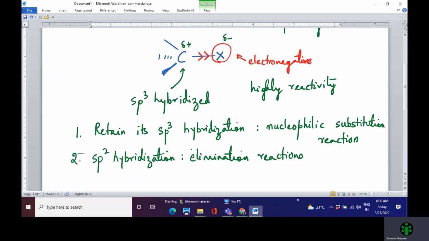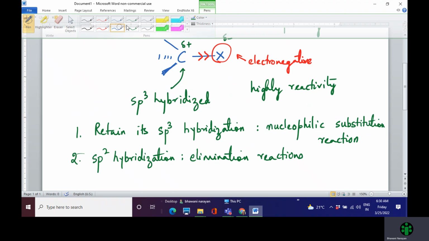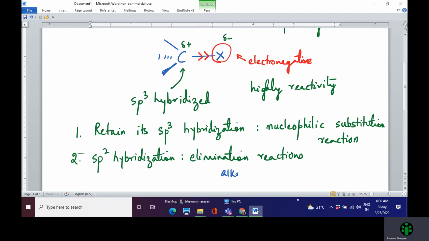And the product of elimination reactions, as you know, usually are alkenes or alkynes. So this makes it clear why alkyl halides undergo only nucleophilic substitution reactions and elimination reactions and nothing else. So if you think like this, chemistry becomes really interesting.